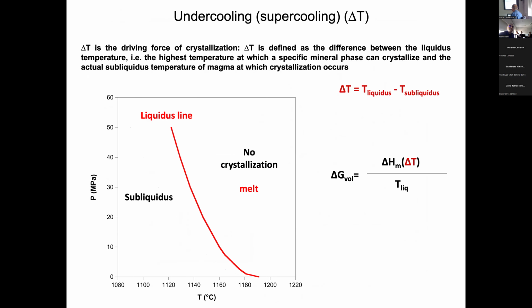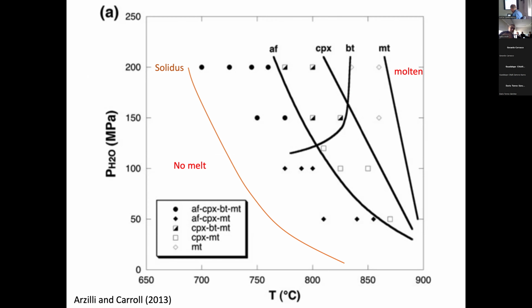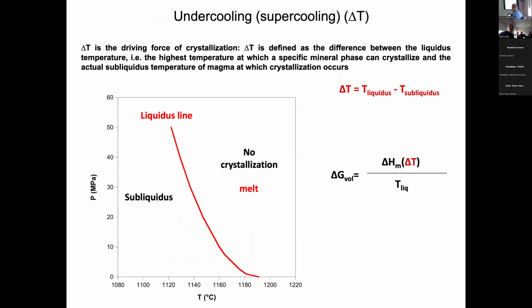I go back here, because now I want to introduce some experiments that I performed on these trachytic magmas. I did basically cooling or decompression experiments, and I also performed some decompression and cooling experiments.